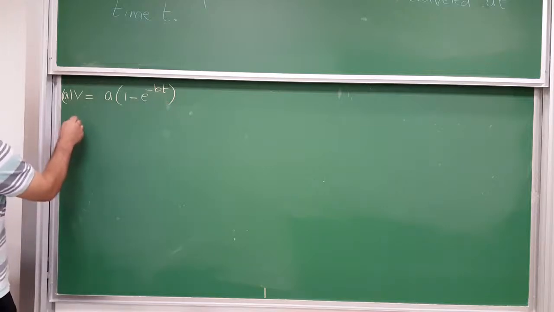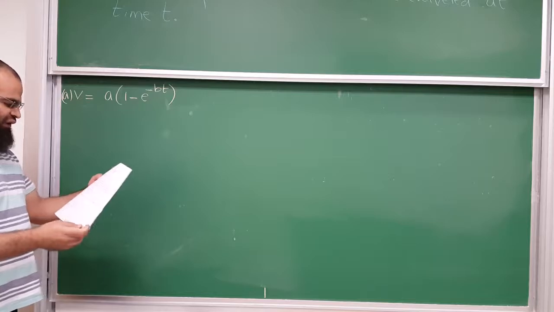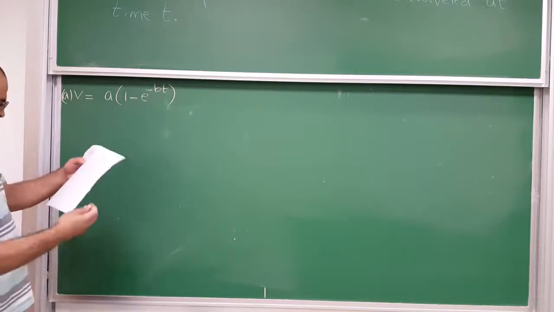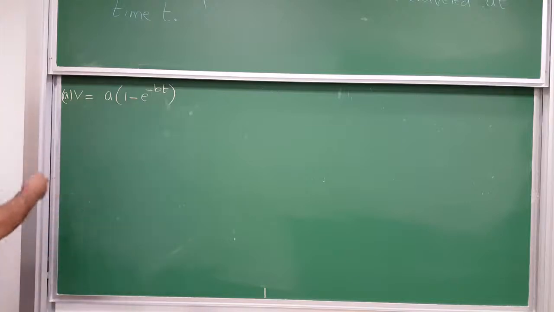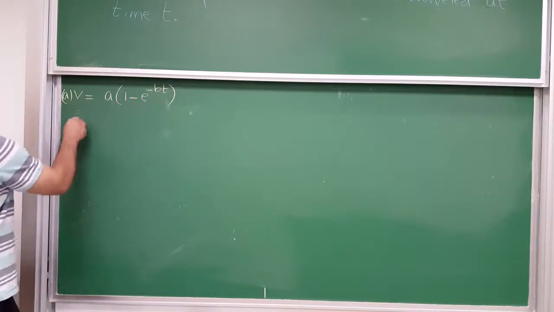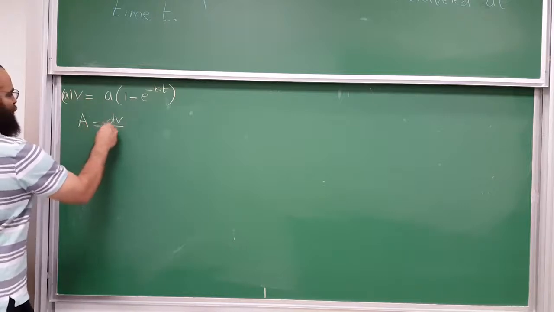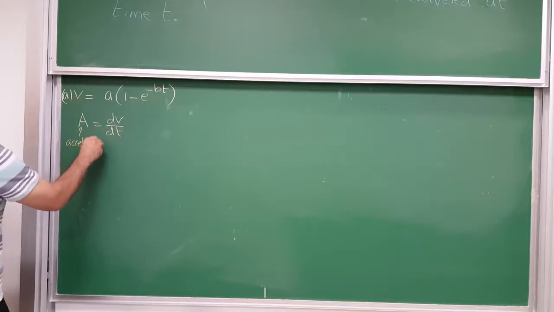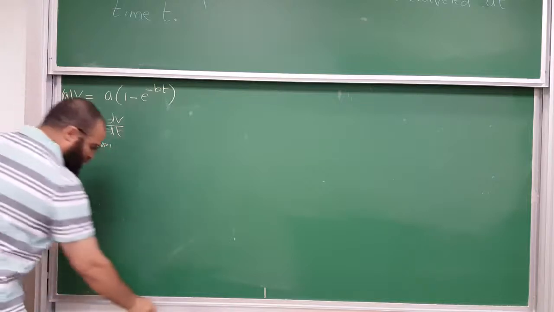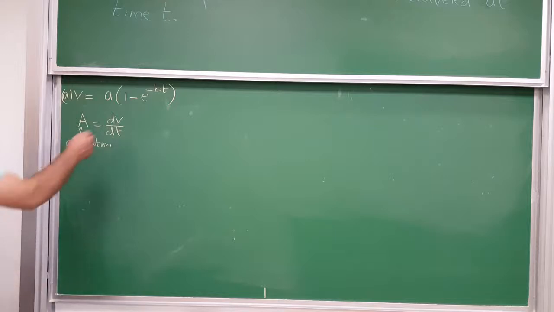And so the acceleration, since unfortunately they have used the letter A for acceleration, I'm going to use capital A for the acceleration. So acceleration will be dv/dt. Normally we will use the lowercase a, but they have used that letter here. So it's dv/dt, okay.